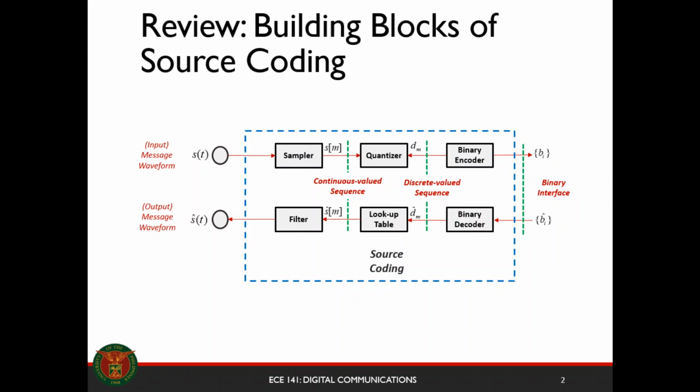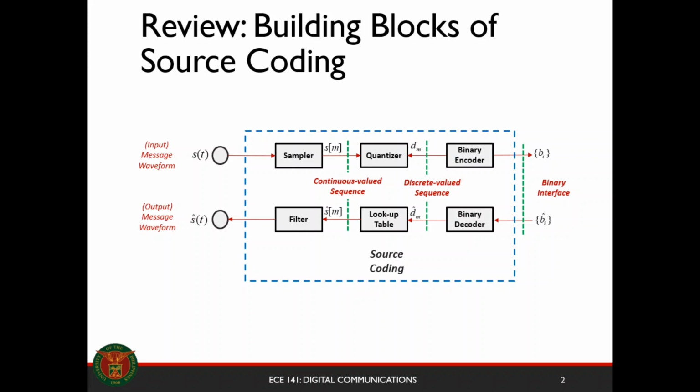The sampler discretizes your analog waveform in time by sampling the analog waveform at a fixed interval called the sampling period. And the next step after that is assigning a value on the sampled signal depending on how close it is to an amplitude level of the quantizer.